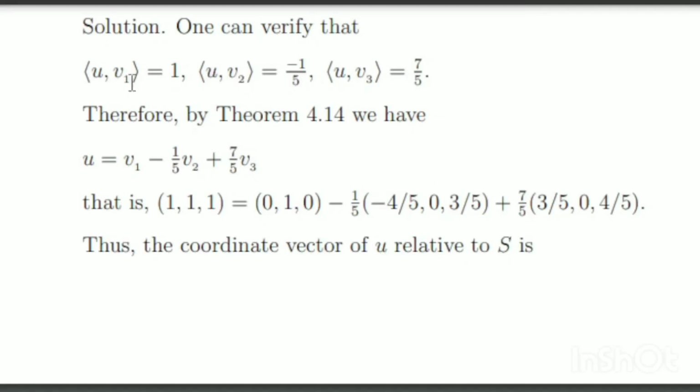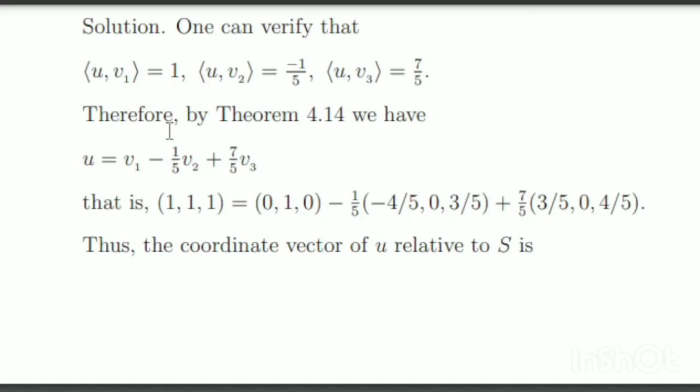We have inner product <u, v1> equal to 1, <u, v2> equal to minus 1/2, and <u, v3> equal to 7/5. So by the previous theorem we have u equal to v1 minus 1/2 v2 plus 7/5 v3.